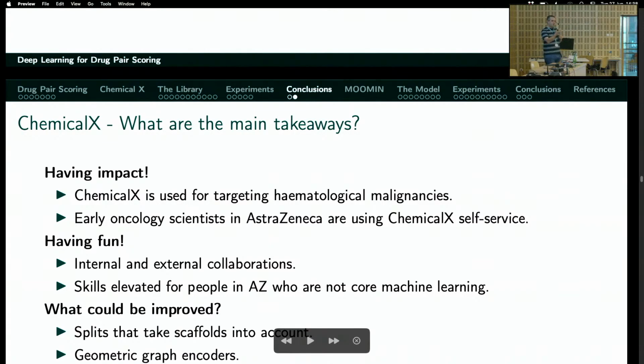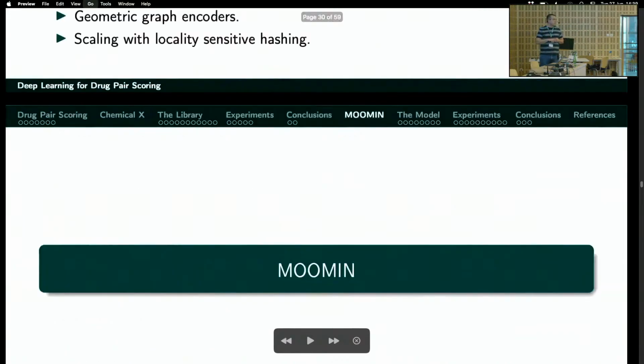You take the molecular graph and break it down to rings and linkers between those rings. That's one way to define this clustering. And finally, you can have the geometric graph encoder. That ends the first block, and then I will talk about something else where we try to incorporate systems biology in this. Are there any questions in this block?